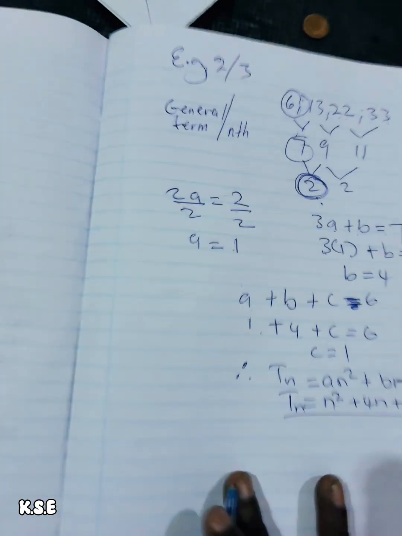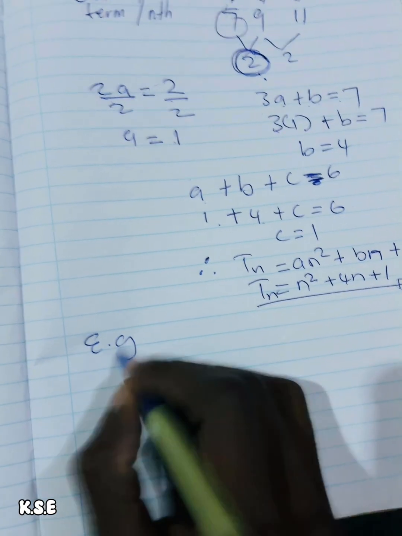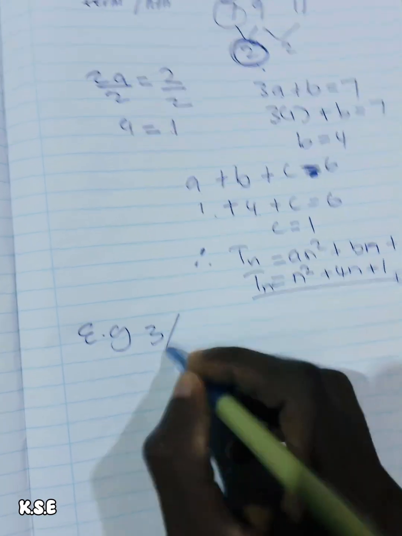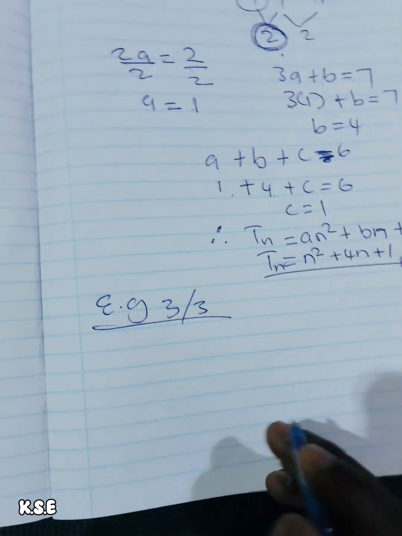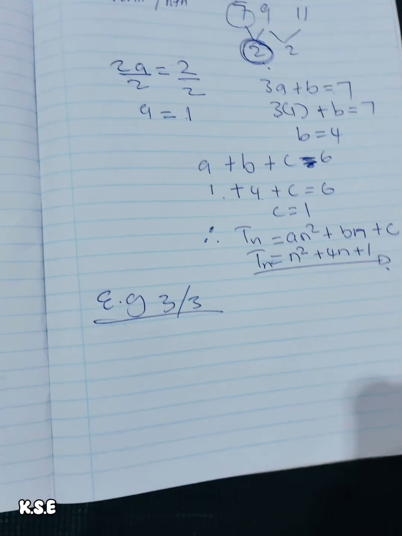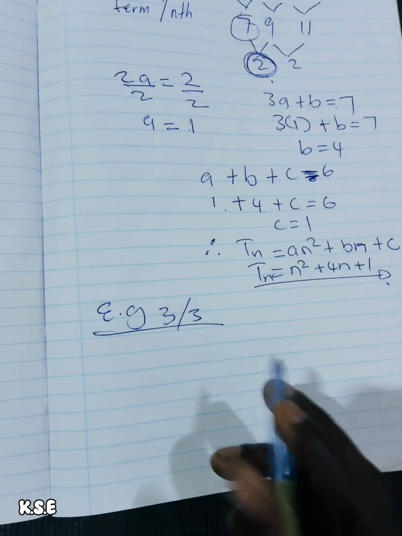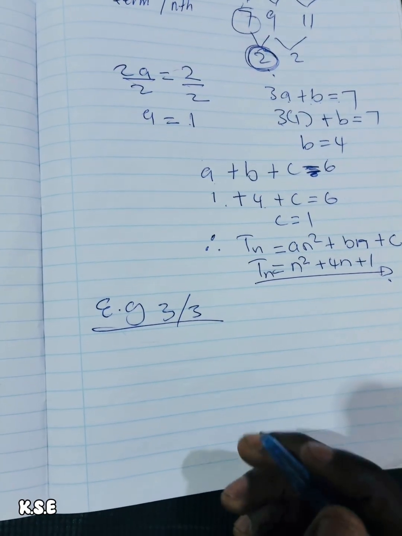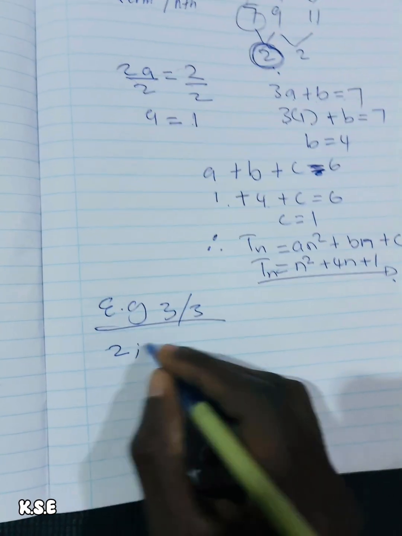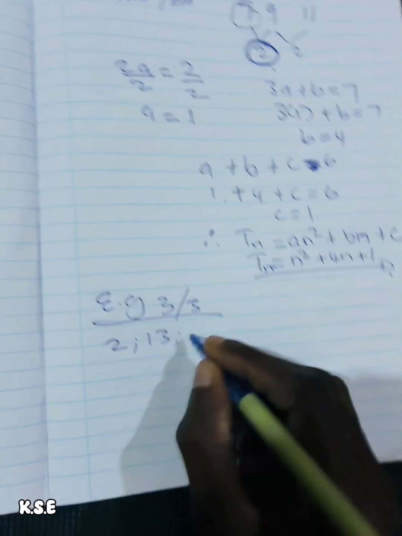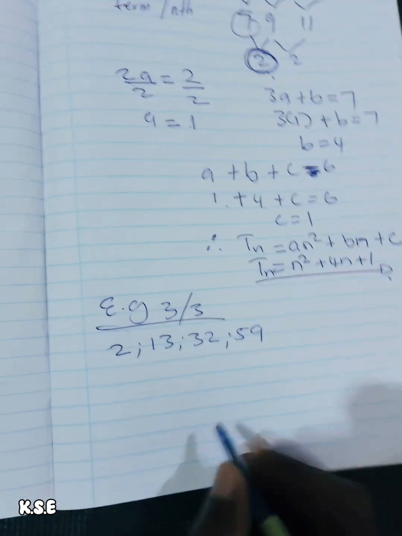Let's do our next example, which is example 3 of 3. We're given a pattern which is 2, 13, 32, and 59.